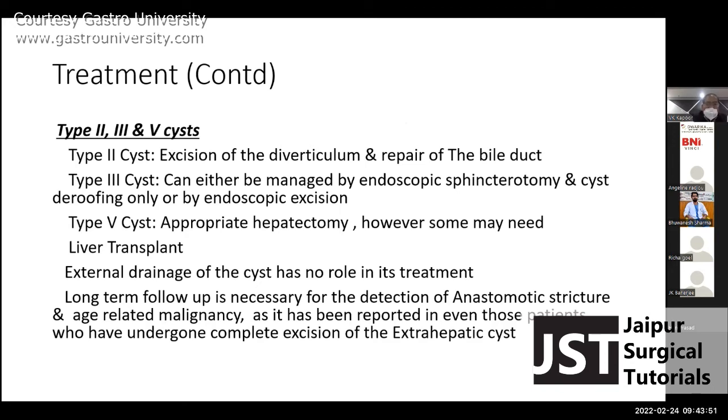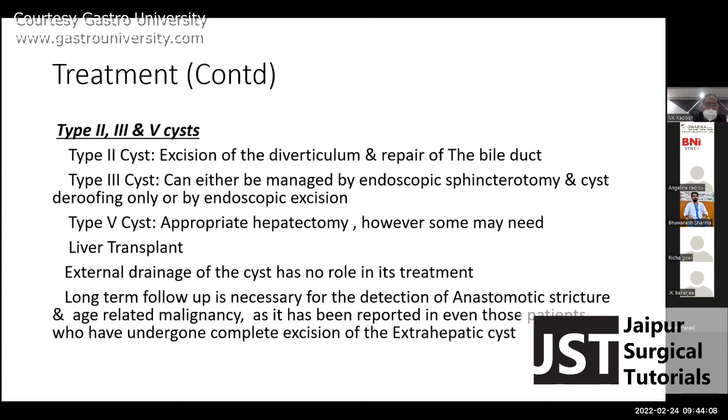Type 2, 3, and 5 cysts. Type 2 cyst requires just an excision of the diverticulum and repair of the bile duct. It seldom requires hepaticojejunostomy. Even if there is a bigger rent, that can be repaired over a T-tube.